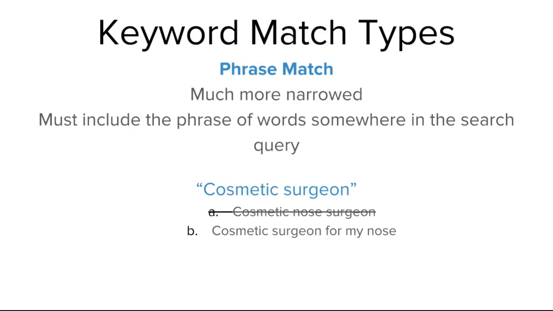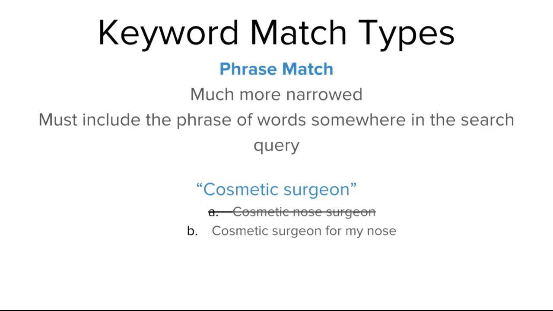It's throwing the word nose in there in between cosmetic and surgeon, and it is not going to show your ad if this is your keyword that you're using, if someone types in cosmetic nose surgeon. So if you did want to show up for cosmetic nose surgeon, then the broad match modifier would have been a better choice, or create a keyword that is cosmetic nose surgeon. So it would not trigger for that one.